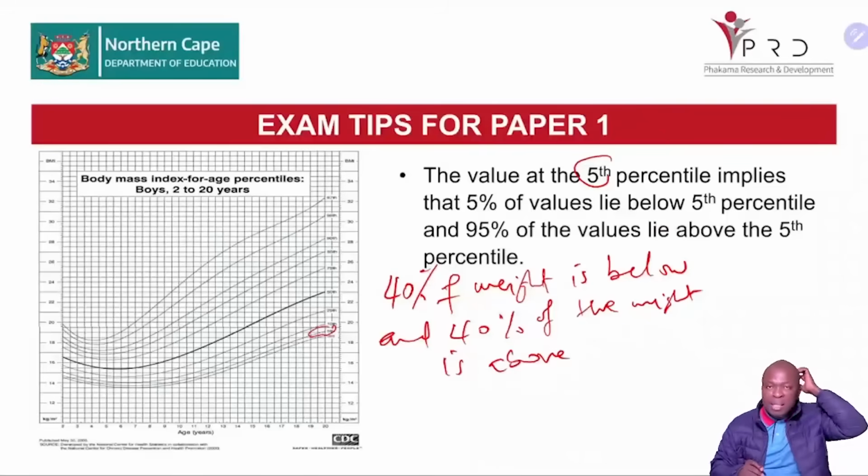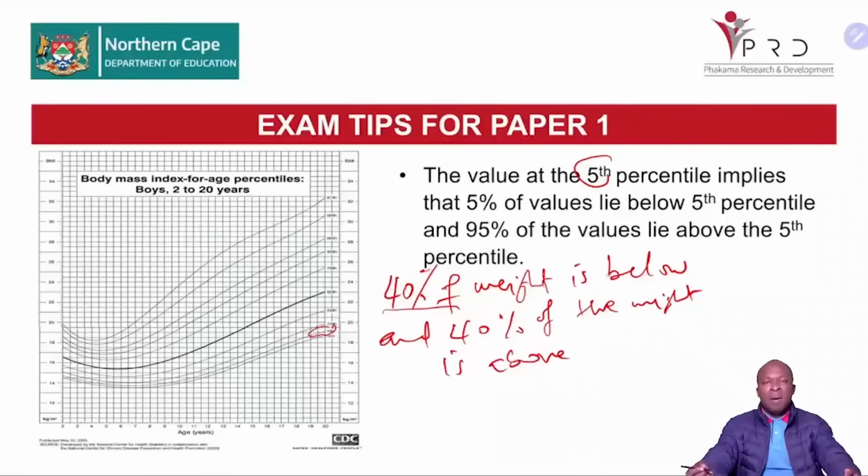You have to write this sentence. So you must always add up. It must get to 100. So if they say 40, it means it must be 40 and 60. If they say 30, it must be 30 and 70. If they say 20, it must be 20 and 80. So it means 40 are below, 60 are above.